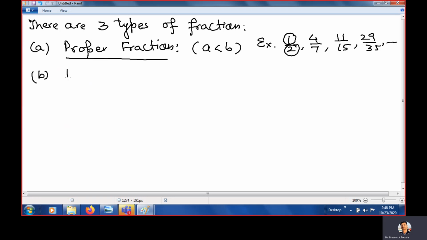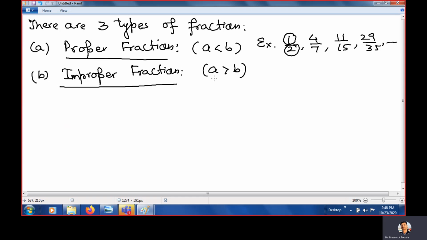Then number 2 is called an improper fraction. An improper fraction means A is greater than B. That means the numerator is greater than the denominator.